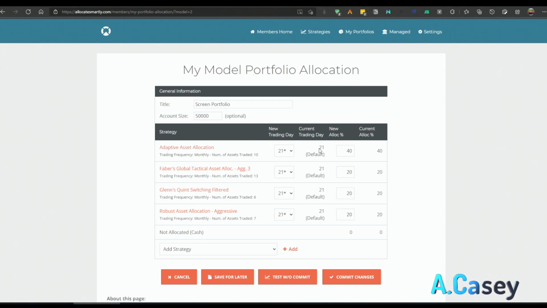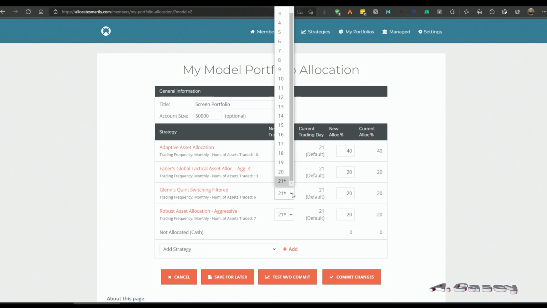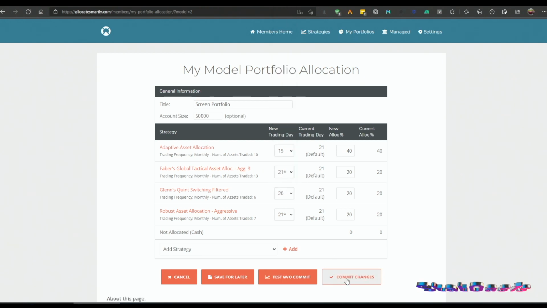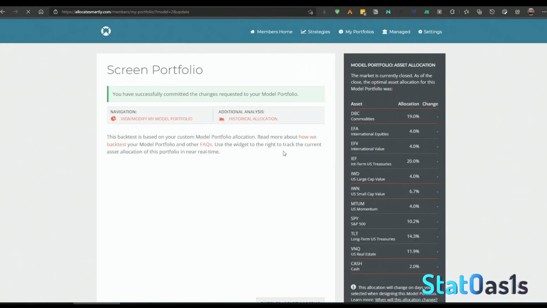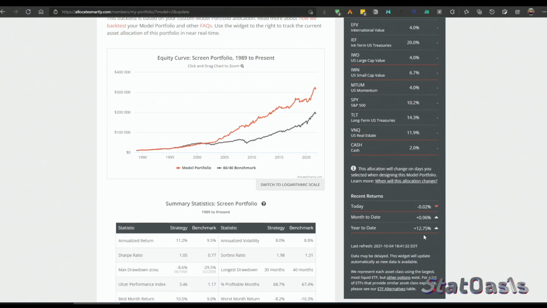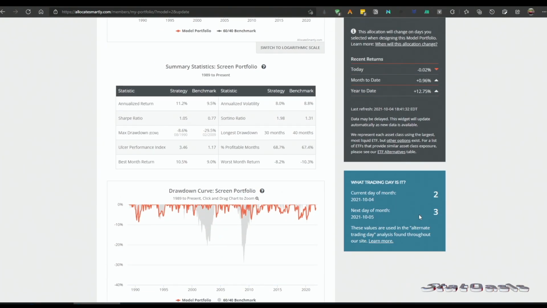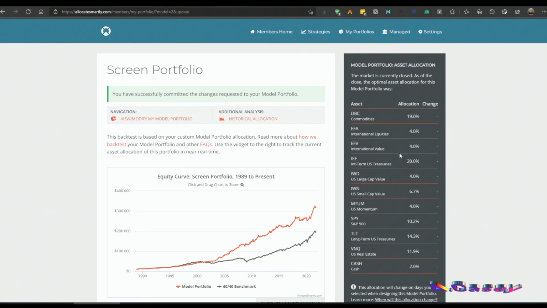Currently all of these are trading on the 21st, so I can change this one to trade on the 19th and this one to trade on the 20th. When I do that, the model gives me the allocation based on the day, so these allocations will change based on my trading day. So the flexibility is huge.